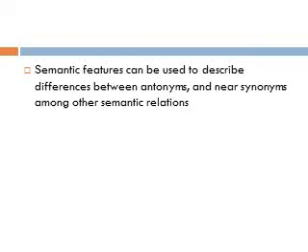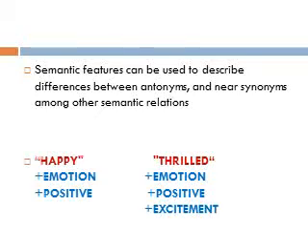So we discussed before that no two words have exactly the same meaning, or else this would be a waste of language. So let's consider these two near synonyms, happy and thrilled.